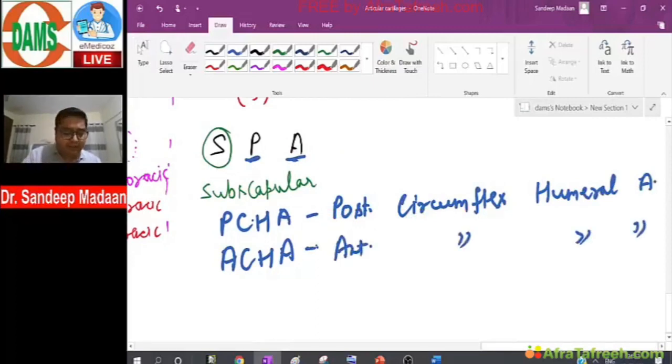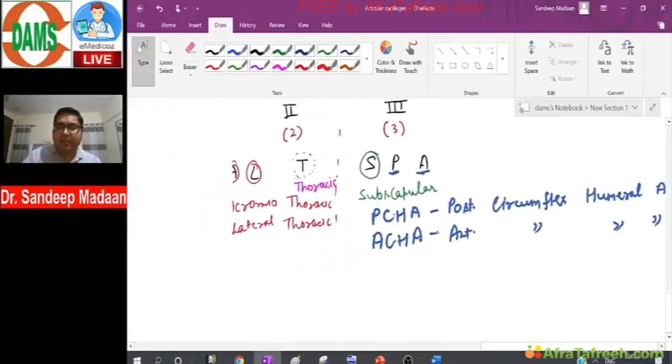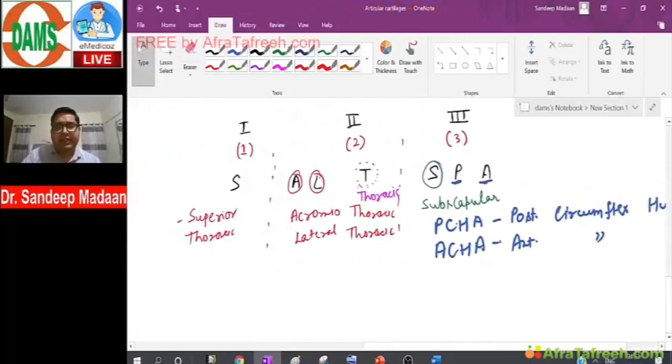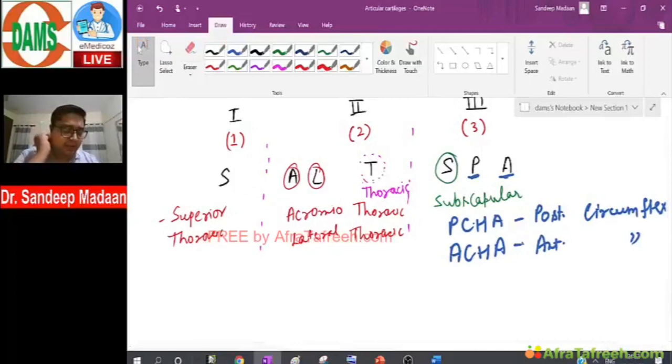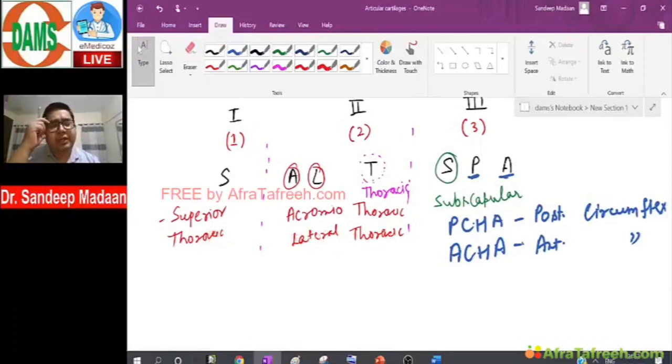Now let us have a very quick revision of the SOLT SPA. So we have this mnemonic SOLT SPA, and T is thoracic. How to use this mnemonic? We will use the T with S, A and L because it belongs to the same word. S is superior, add T, superior thoracic. A is acromio, add T, acromiothoracic. L is lateral, add T, lateral thoracic.